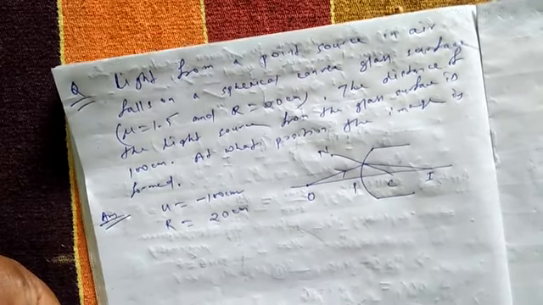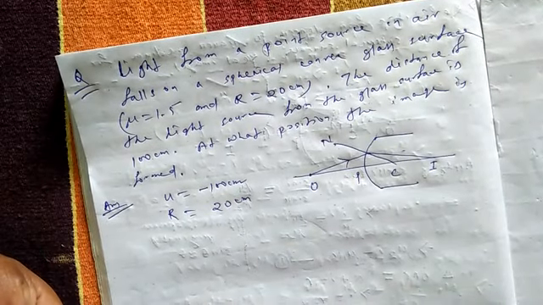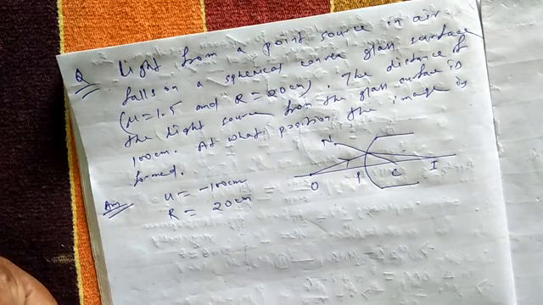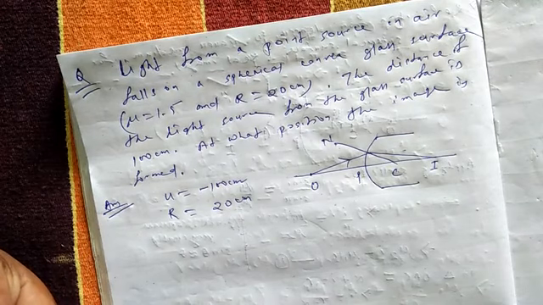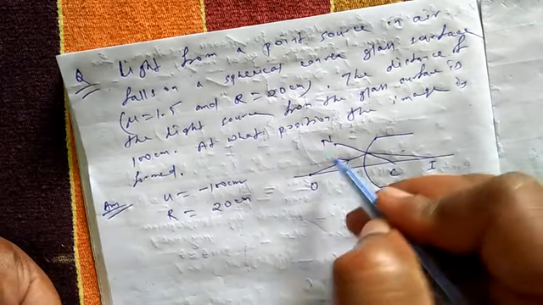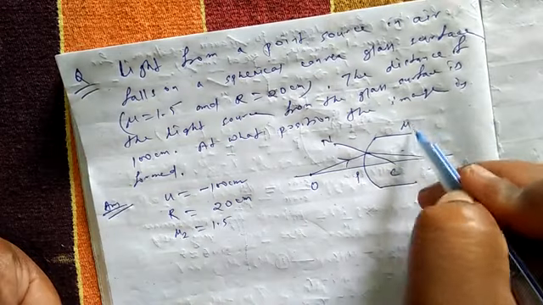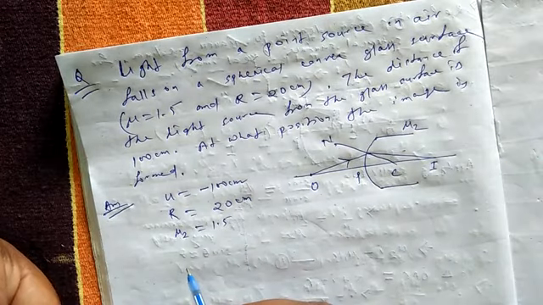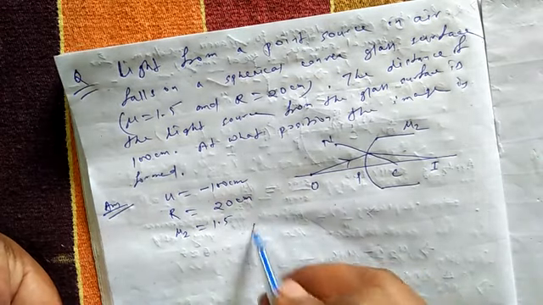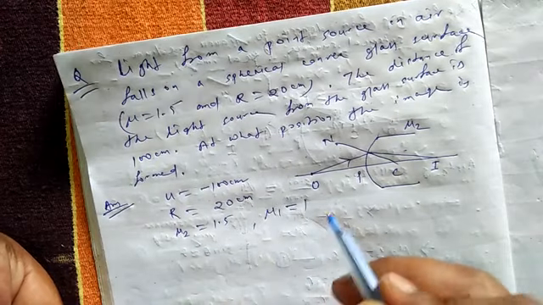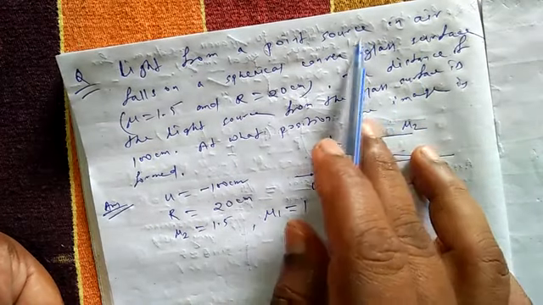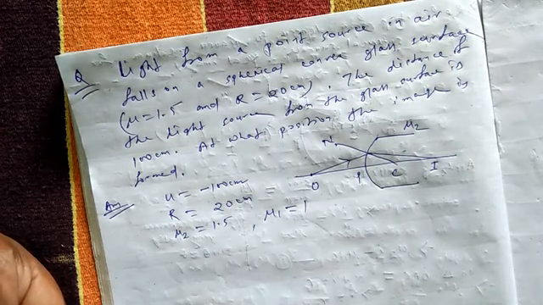So object distance is minus 100 centimeter, radius of curvature is 20 centimeter, and refractive index mu2 is equal to 1.5 and mu1 is obviously 1, because the point source is in air, that is why mu1 is equal to 1.